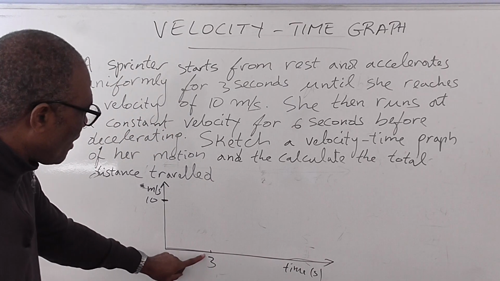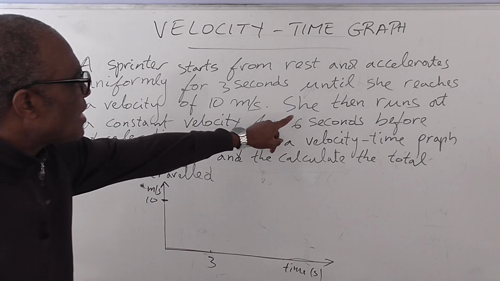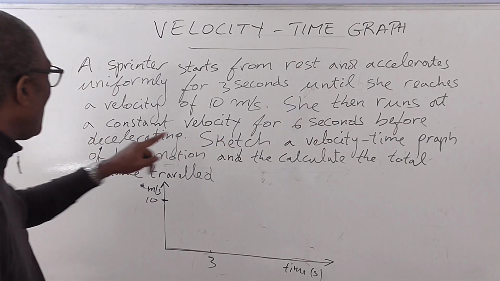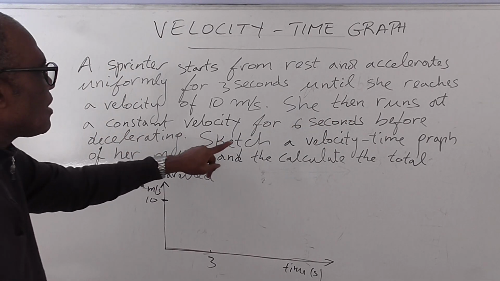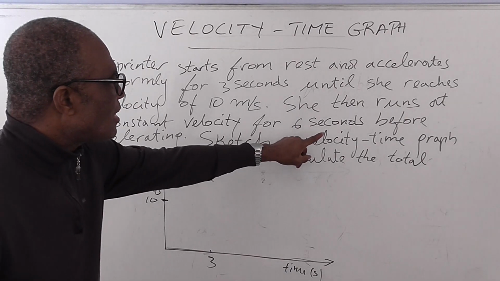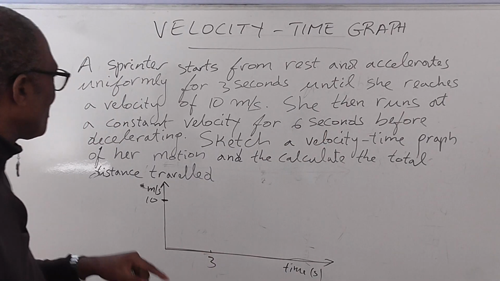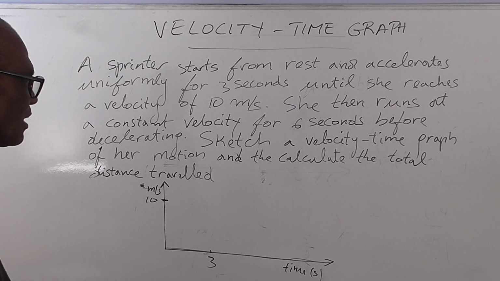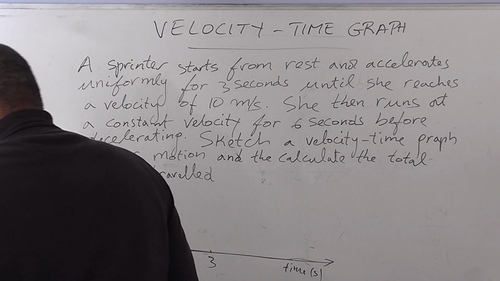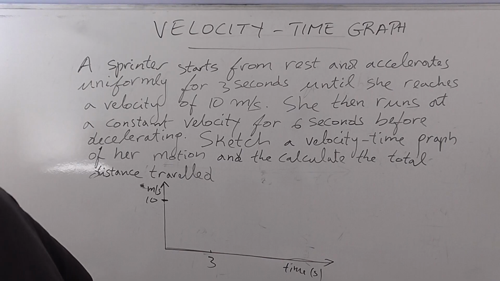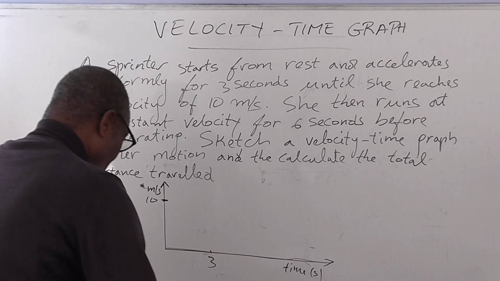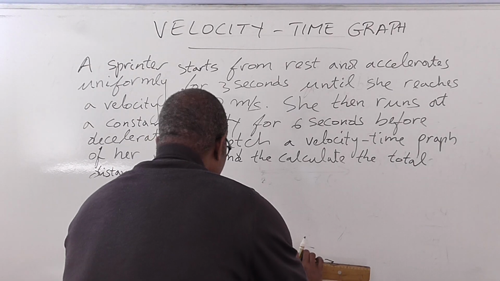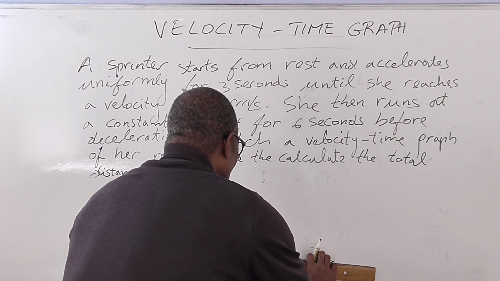Now, they say she then runs at a constant velocity for 6 seconds before decelerating. That means 9 seconds? So 6 seconds. So that means from here to there will be 9.